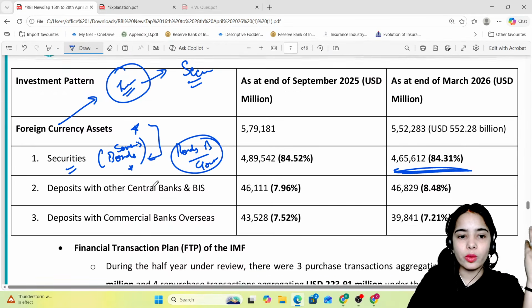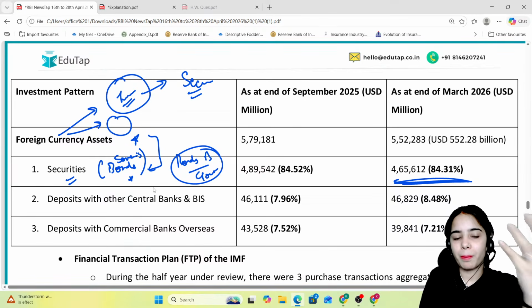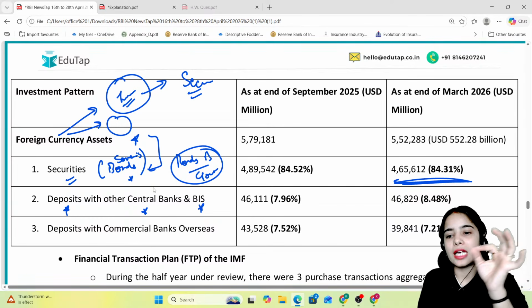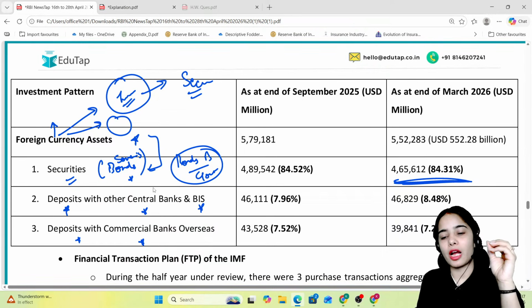Okay. Now a part of the FCA, a part of the money, is also deposited with other central banks and the Bank for International Settlements, and the least a part of the foreign currency asset is also deposited with commercial banks overseas.